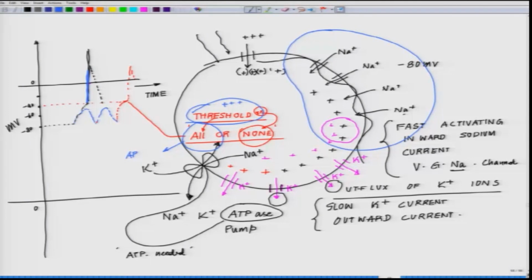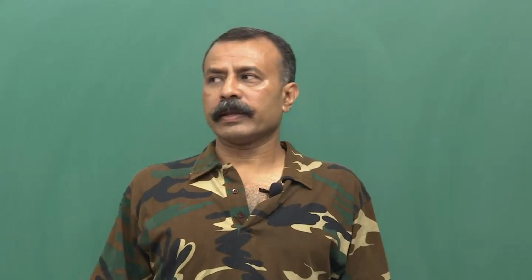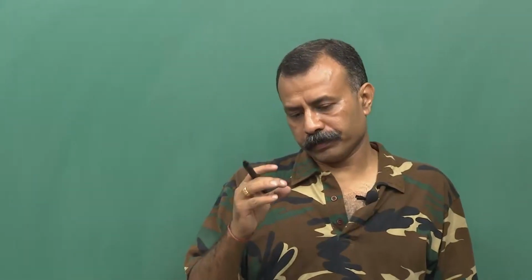After this, inside there will be too many positive charges, right. These too many positive charges will be colliding with each other. There will be a huge amount of repulsion. At that stage of membrane potential, the potassium channels which are present there, which only allow ions from inside to move outside, open outward.